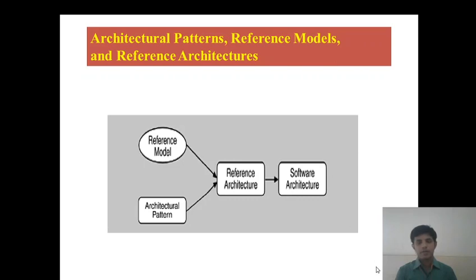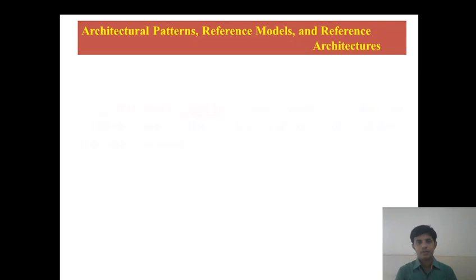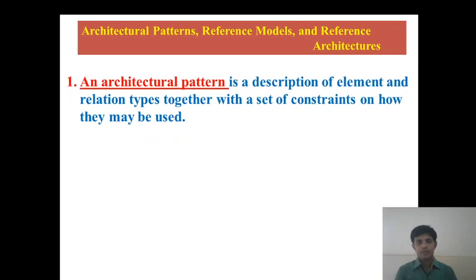Based on reference architecture, a final software architecture is going to be built. Now we will see what is called architectural pattern. An architectural pattern is a description of elements and relationships together with a set of constraints on how they may be used. So first of all, what is called pattern? A pattern is a rule or a condition or a constraint.